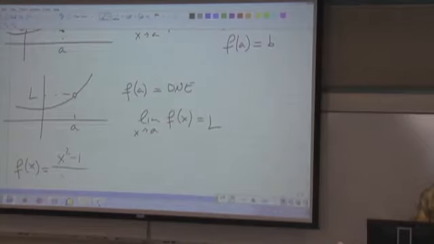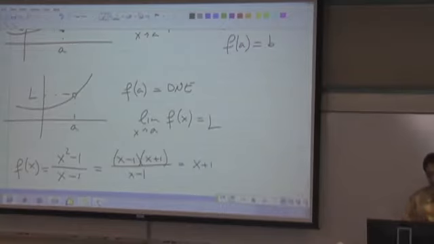x squared minus 1 divided by x minus 1. Do you know what the graph looks like? The difference is that this is actually x minus 1 times x plus 1 divided by x minus 1, which is x plus 1, but x cannot equal 1.